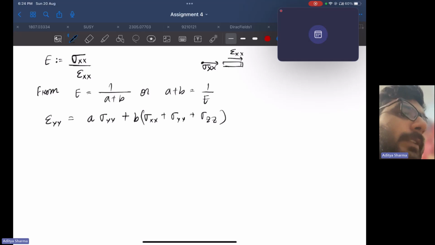So delta yy is 1. Since sigma yy and sigma zz are 0, we have this as this. Similarly, this is B sigma xx.